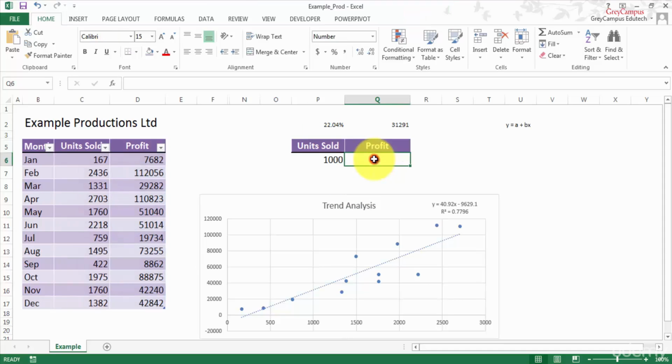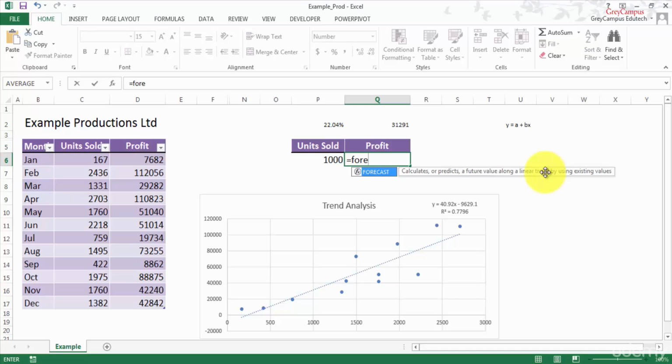So we have gathered the value here, which is 31,291 based on 1000 units sold. There is a deviation or variation of 22.0%. Whatever we have calculated here, there is a function to do the same thing in Excel. The function is FORECAST.